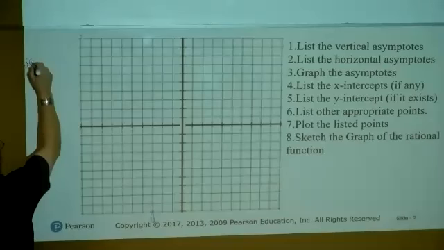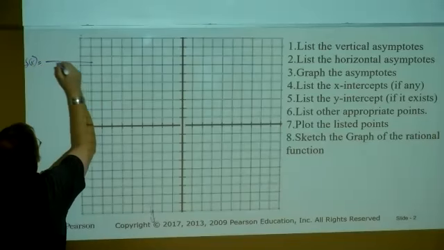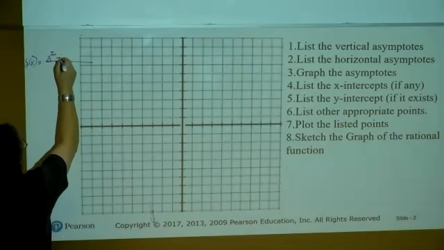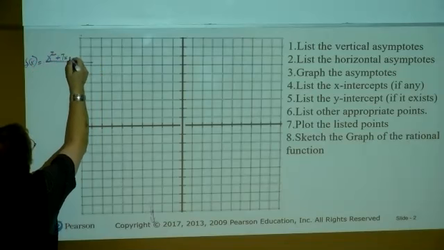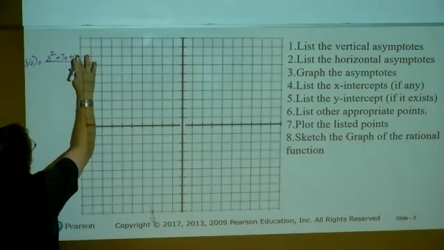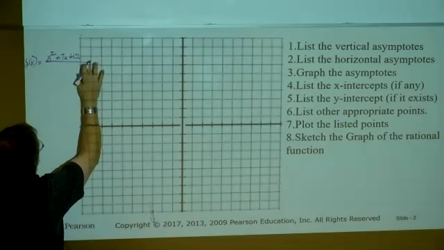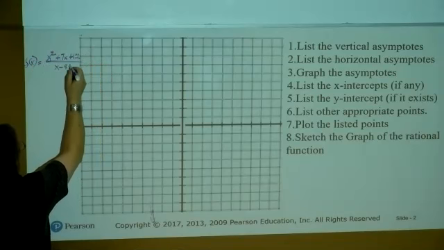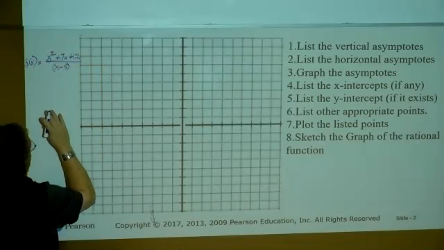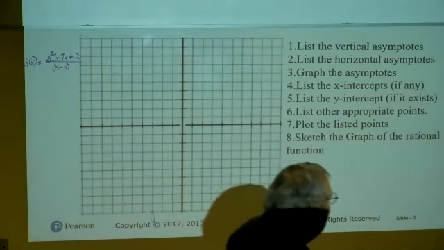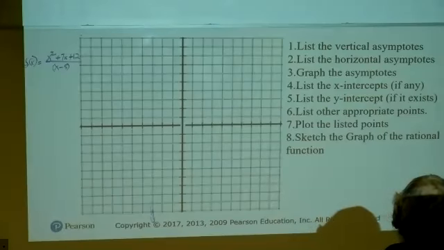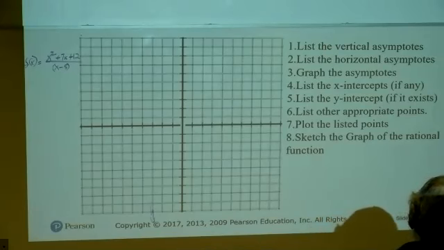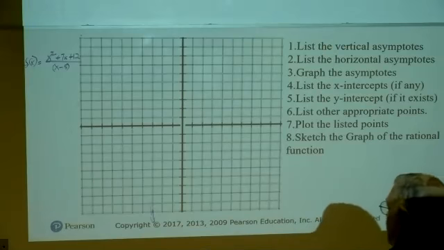So if we have f of x equals x squared plus 7x plus 12, and we're going to divide that by x minus 5.